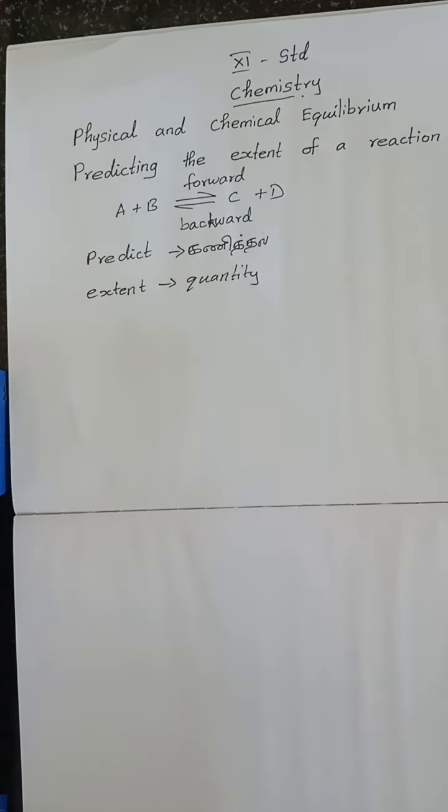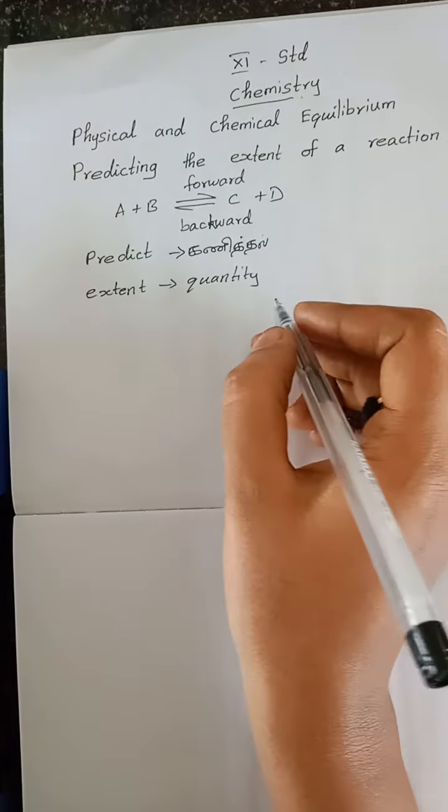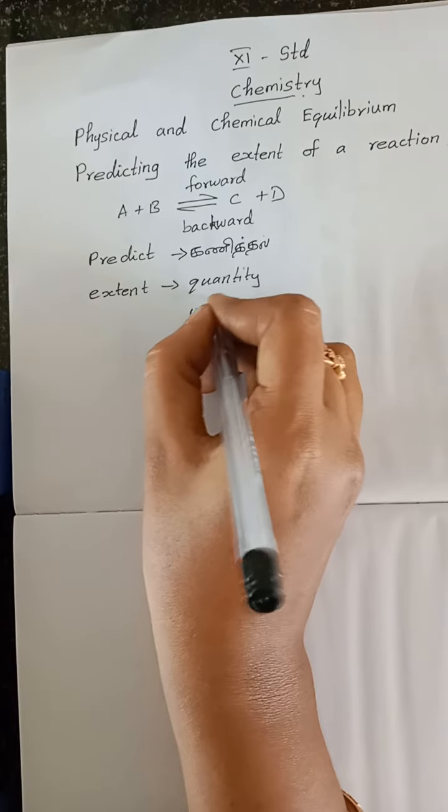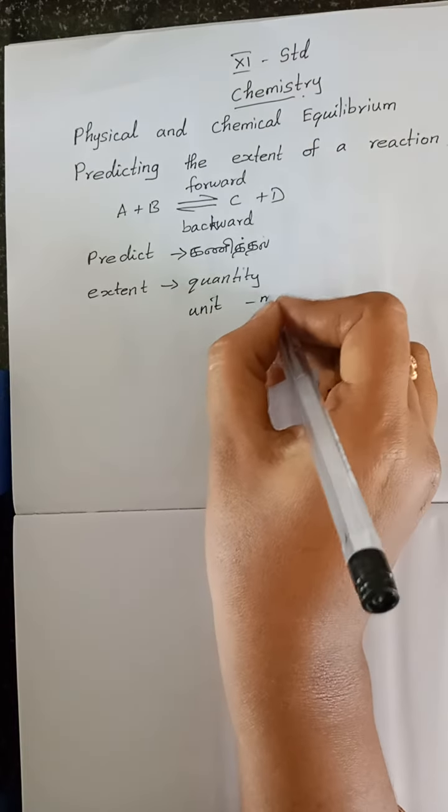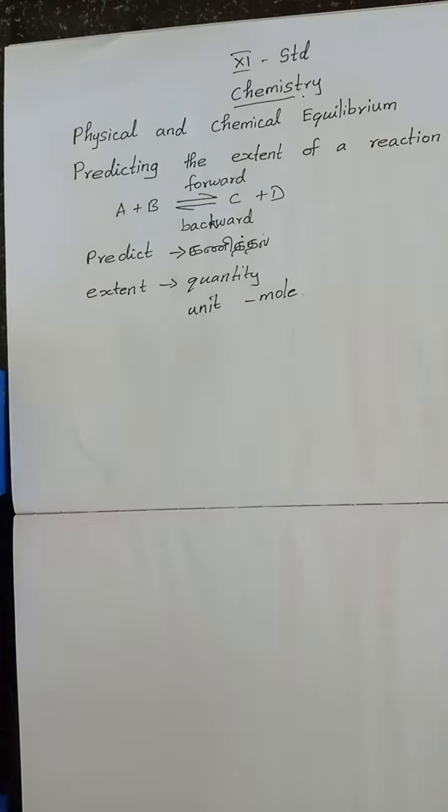In physical chemistry and chemical engineering, extent of a reaction is a quantity that measures the extent to which the reaction proceeds. The extent of the reaction is usually defined with the unit mole.